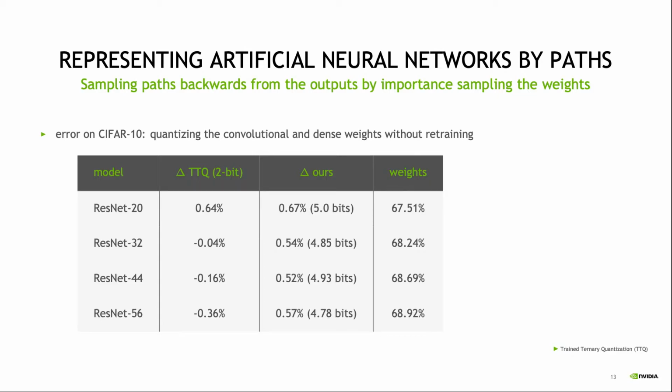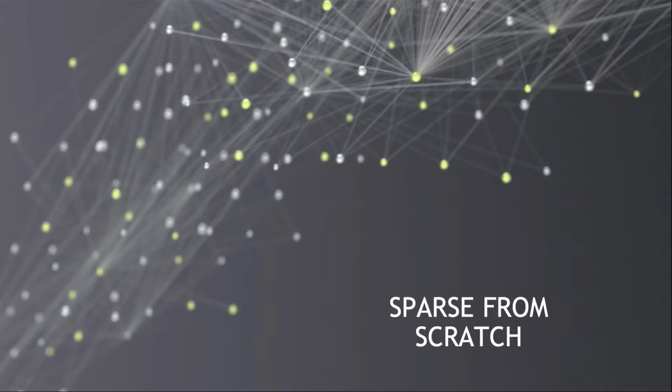However, this does not require retraining, which is rather costly. So quantization of a neural network by paths still requires to train the full network, which raises the question whether neural networks can be sparse from scratch to improve the complexity of training as well.